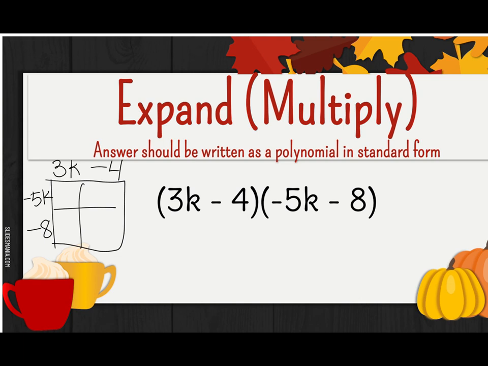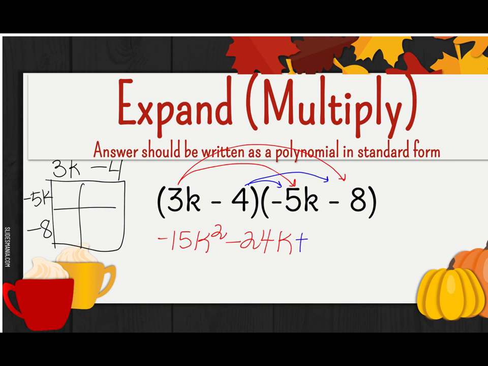Or we can go ahead and do the standard way of just distributing in. And when we do this, we have 3k times negative 5k. 3 times negative 5 is going to give me negative 15. K times k is going to give me k squared. 3k times negative 8 is going to be negative 24k. And then we have to multiply in the 4. Well, rather the negative 4. So negative 4 times negative 5k is positive 20k.